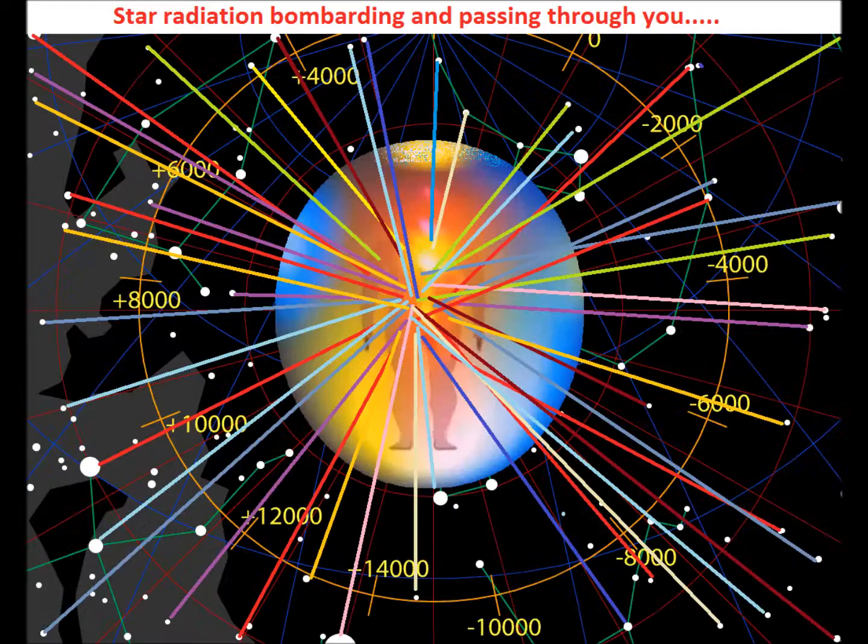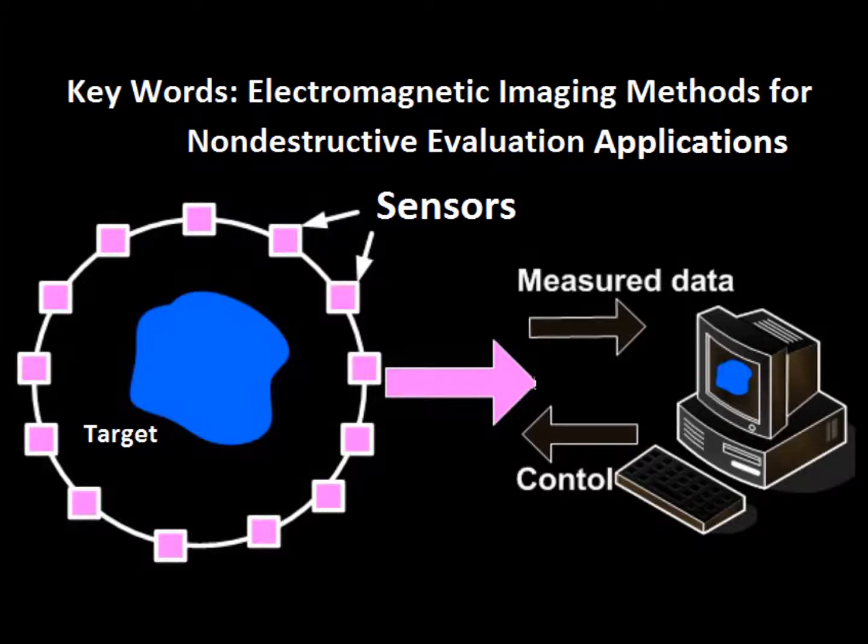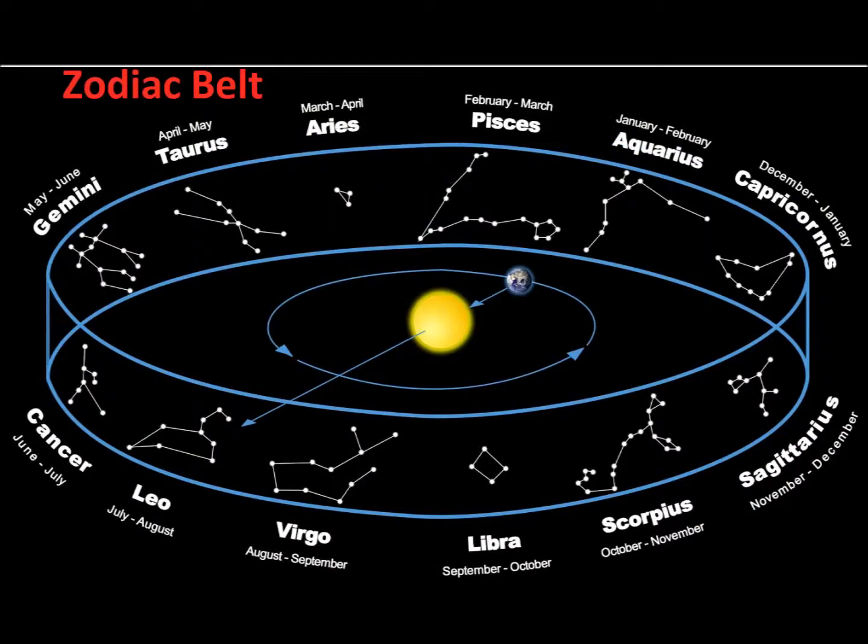The zodiacal belt is a mirror image of sensor rings, scanner rings, and other technology. Earth is at the center of a cosmic sensor and computer core. The zodiacal belt is a major component of this system.